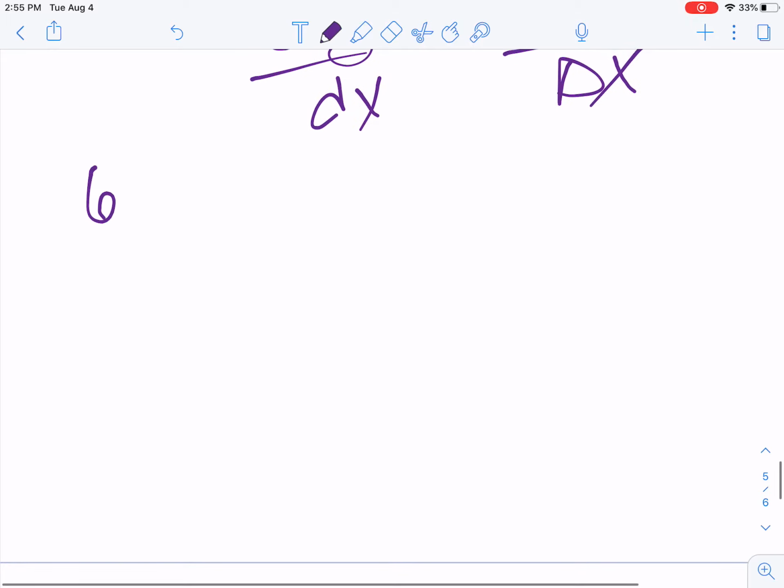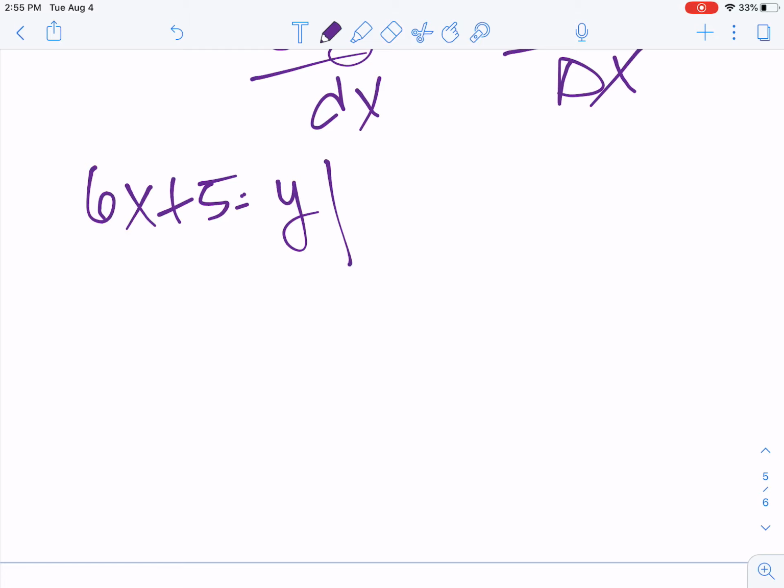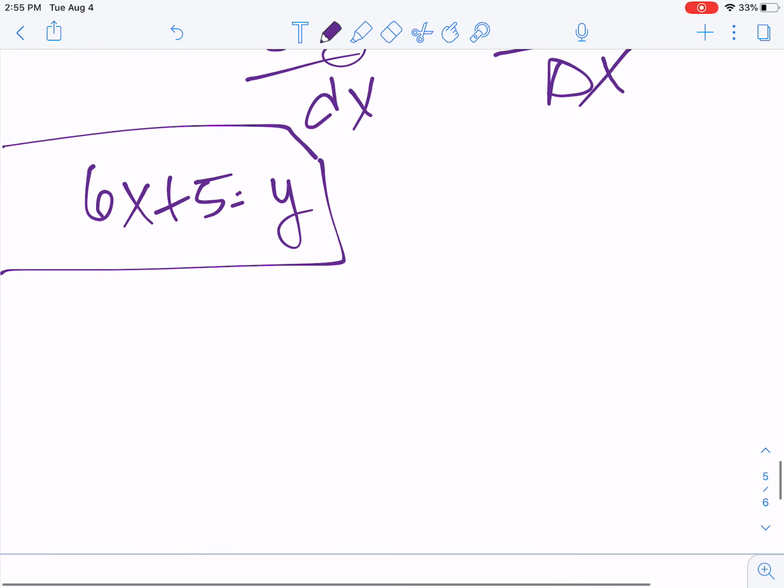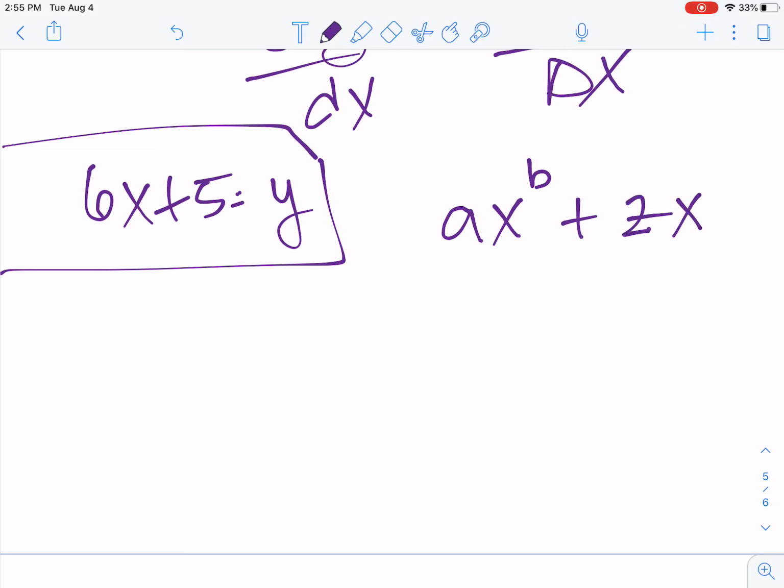Let's say 6x plus 5 equals y. I'm going to do this the long way. I'm actually going to pull that one to the side for a second, and we're going to talk about the original rule. If we look at this, I'm going to change some variables around here. Nope.